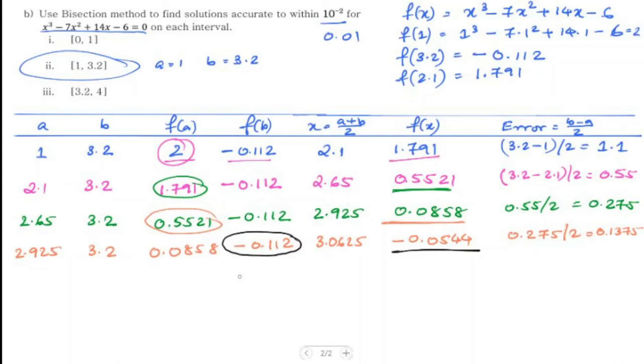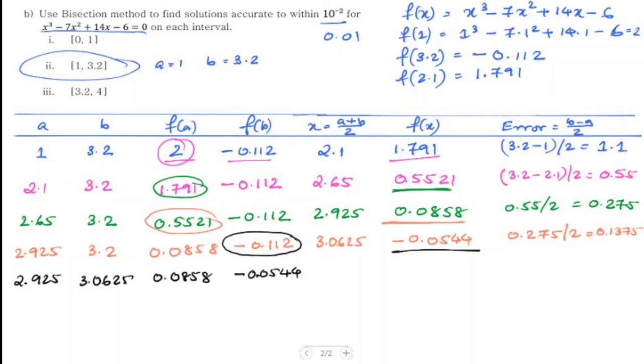So this will be replaced by minus 0.0544. And because f of b is replaced by f of x, b will be replaced by the value of x. So here b will be now 3.0625, and a remains the same this time.